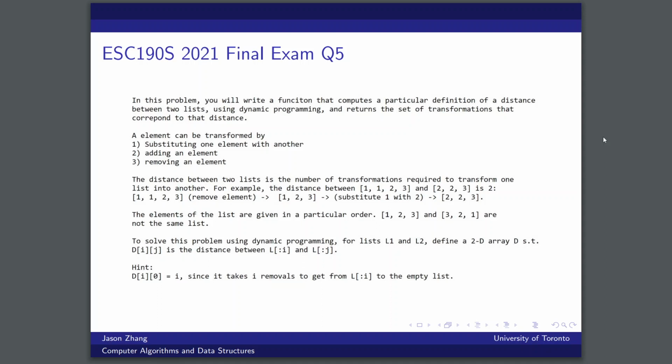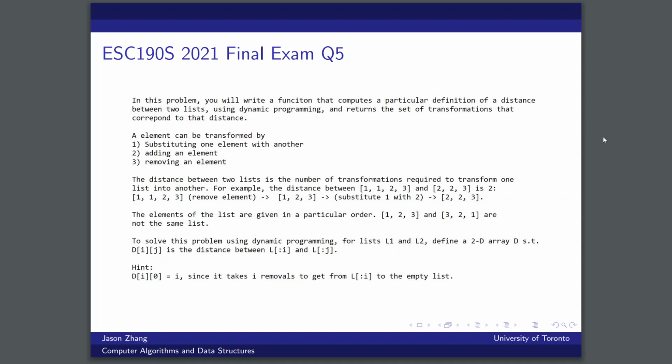And to solve this problem, we want to use dynamic programming, and we want to define a 2D array D that will allow us to find the distance between L1 up to the ith element and L2 up to the jth element.